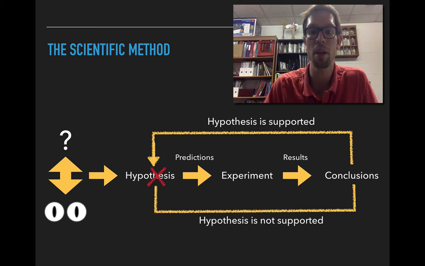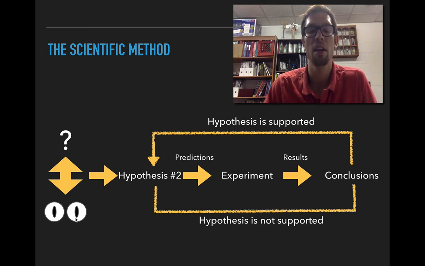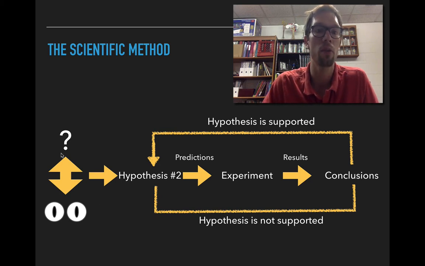Of course, it's always possible that your hypothesis won't be supported, in which case you might test a different hypothesis going along. So how this may occur is you may one day walk into your living room and try to turn on the TV with your remote, and you'll observe that your remote isn't turning on the TV for whatever reason. So you might generate the question of, why is your remote not turning on the TV?